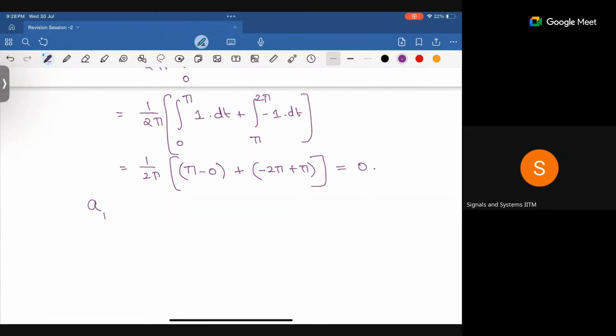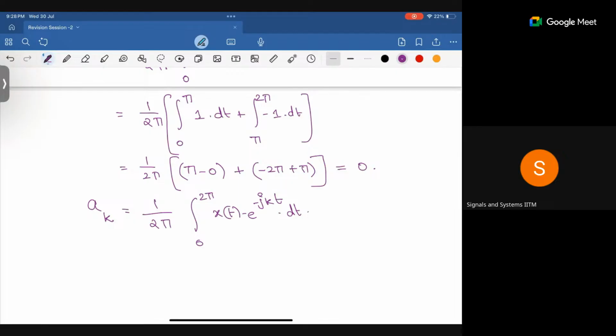Let's compute Ak. So ak is again 1 by 2 pi integral from 0 to 2 pi x of t e power minus j omega naught k t.